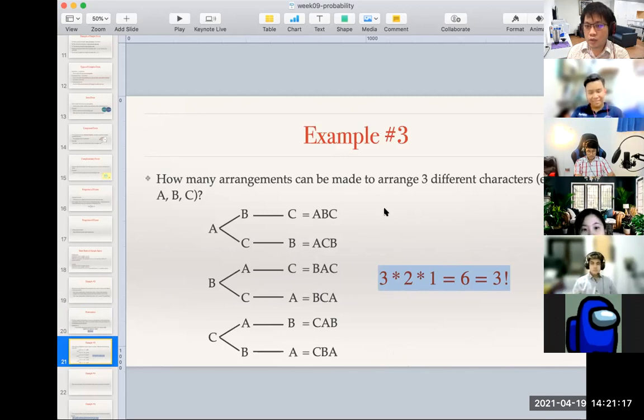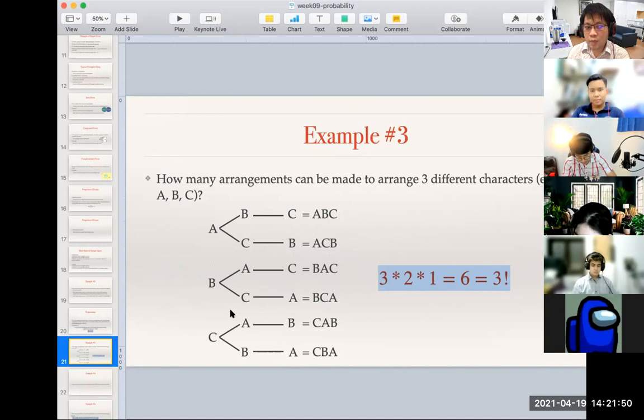How many arrangements? Here you can have A, and then B, and then C. Remember, since we're asking for arrangements with regard to the sequence or the order, you need to list out all the possible arrangements. ABC and ACB are different. Then if the first character is B, you have BAC or BCA, which are also different.